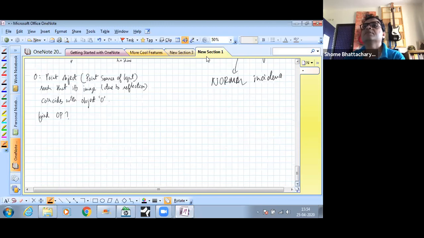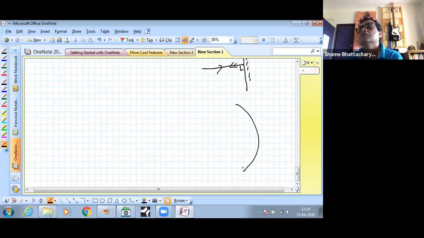For example, in a plane mirror, normal incidence means this. This is what would be required for retracing the path. In a concave mirror, normal incidence would mean this, so the ray must be coming from the center of curvature.